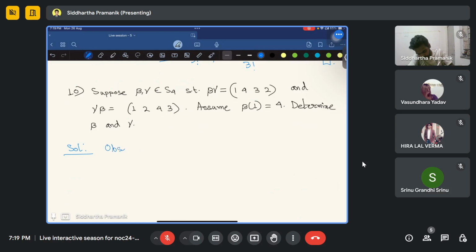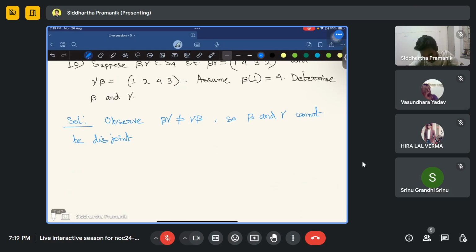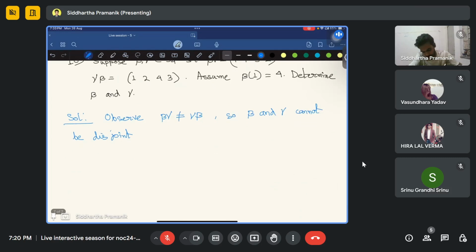Observe beta gamma is not equal to gamma beta. So beta and gamma cannot be disjoint, because if they are disjoint, then they must commute, right? This is one property we have learned in the lectures.